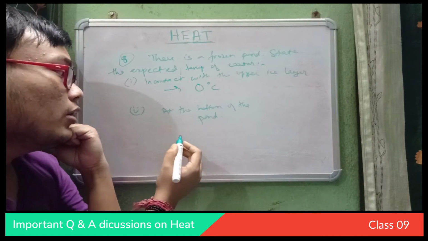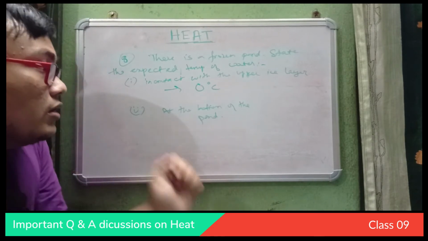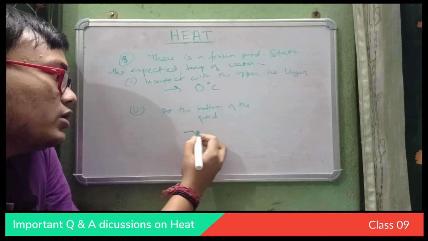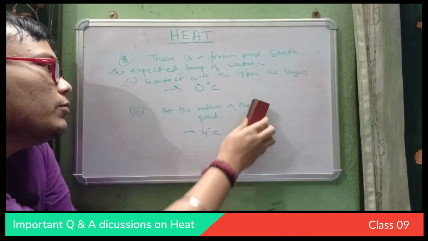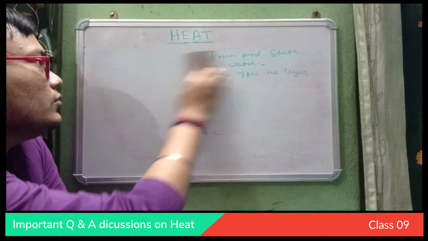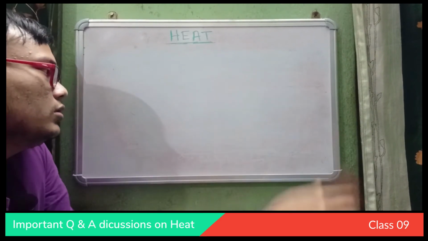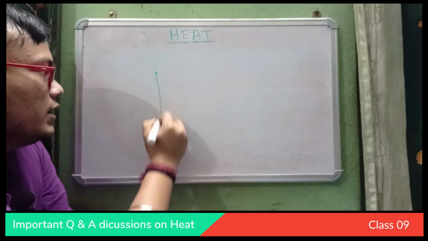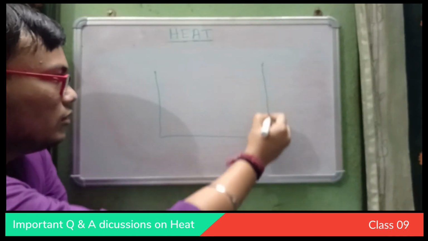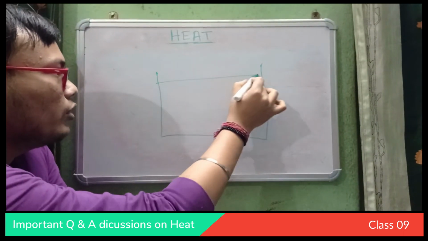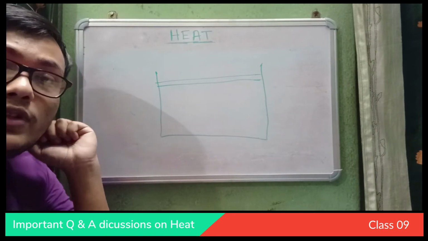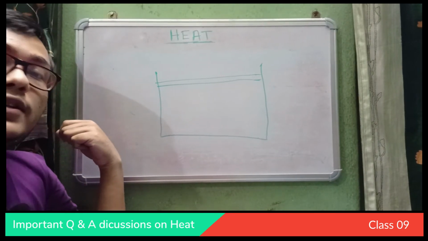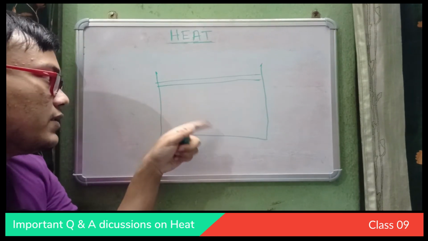Like I explained in the previous question, the water there will be at a temperature of about 4 degrees Celsius. If we see that pictorially, let's say this is the pond and this is the layer of ice which is formed, because initially there will be a circulation.